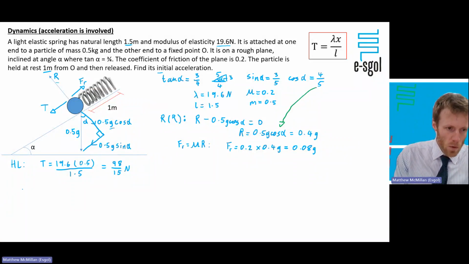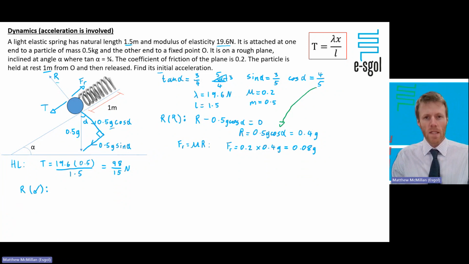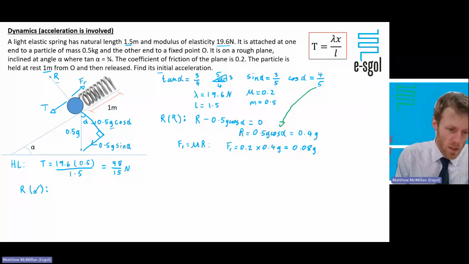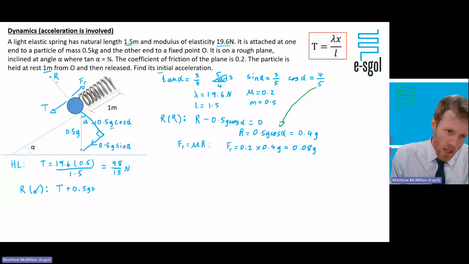Finally, let's resolve our forces parallel to the plane. Now I'm going to take down as the positive direction, because I feel like this thing is going to be accelerating down the slope. So that's why I'm going to say that's positive. So pulling us down, we've got the thrust, and we've also got the weight, 0.5 g sine alpha, because it's the parallel component of weight.